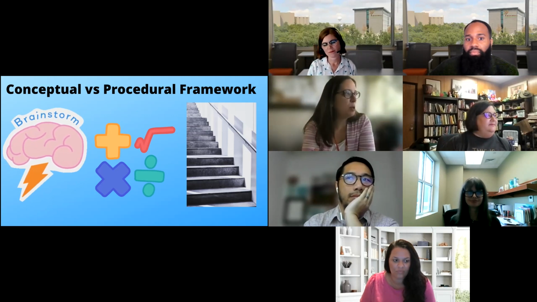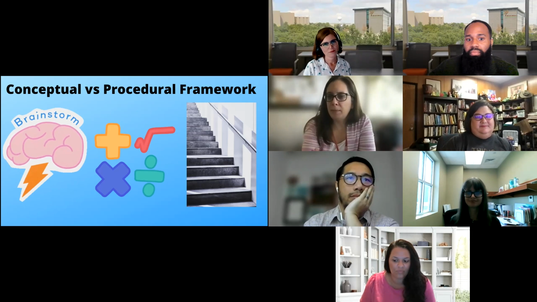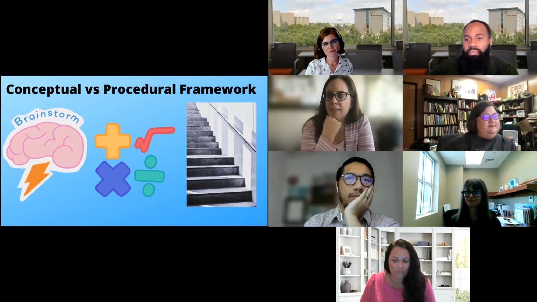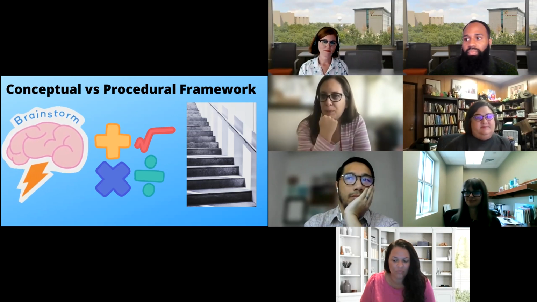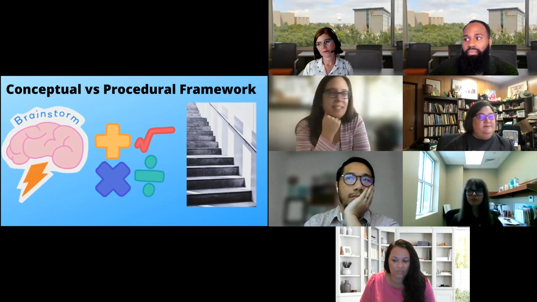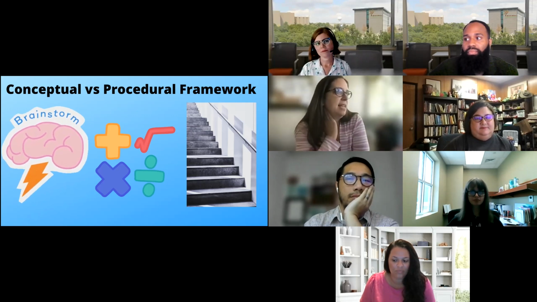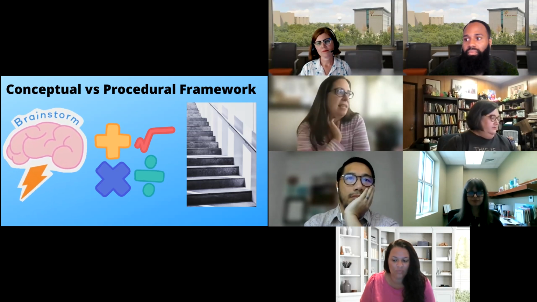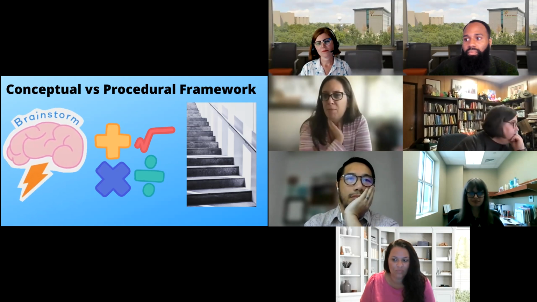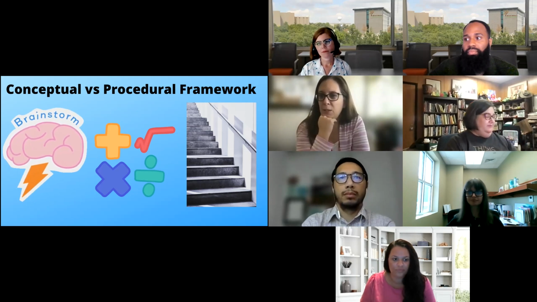And for conceptual, the brainstorm emphasizes the thinking ways that Common Core now emphasizes on the conceptual side, and the steps represent the procedural steps of following a math problem step by step instead of using conceptual models to get to your answer.